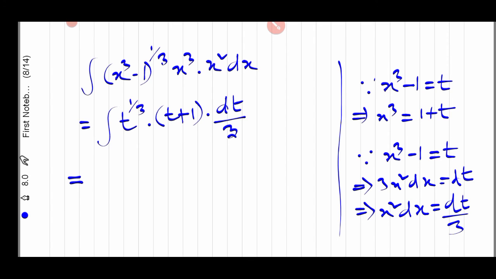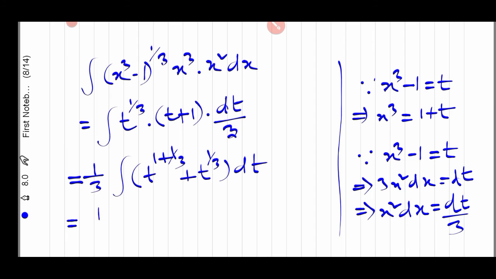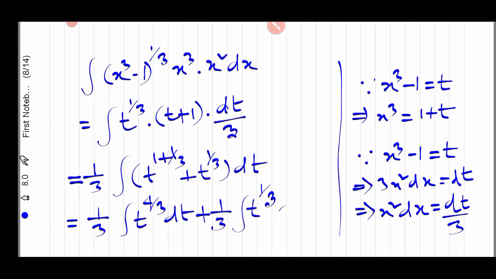Now on further simplification we have 1 by 3 integration of (t to the power 1 plus 1 by 3, plus t to the power 1 by 3) into dt. Now from here we have 1 by 3 integration of t to the power 4 by 3 into dt plus 1 by 3 integration of t to the power 1 by 3 into dt.